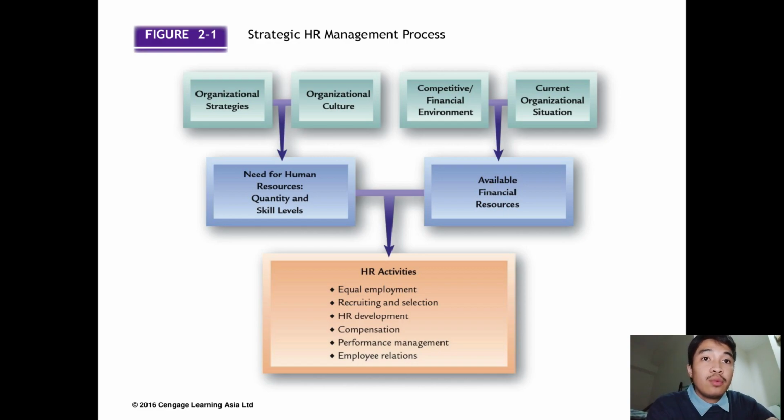Put these two together, we have the available financial resources here. Now, when you combine the need for human resources and the available financial resources, we have the HR activities, which include the following: equal employment, recruiting and selection, HR development, compensation, performance management, and employee relations.